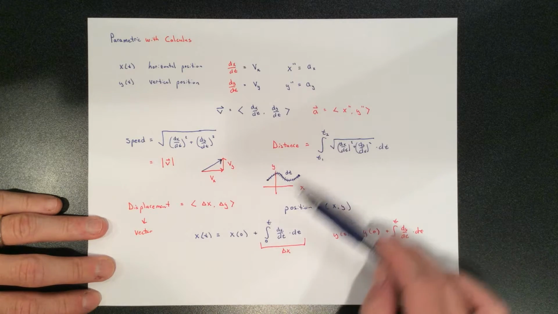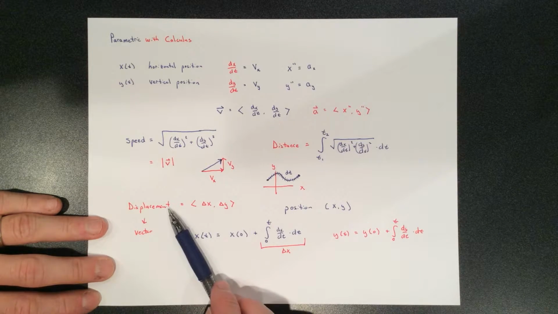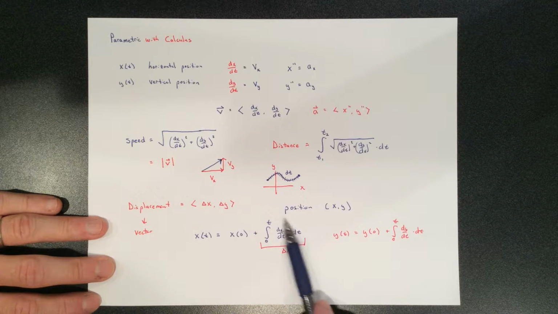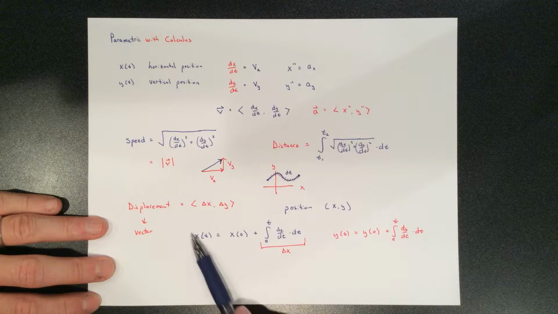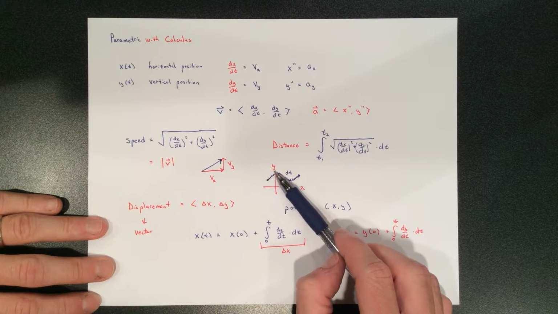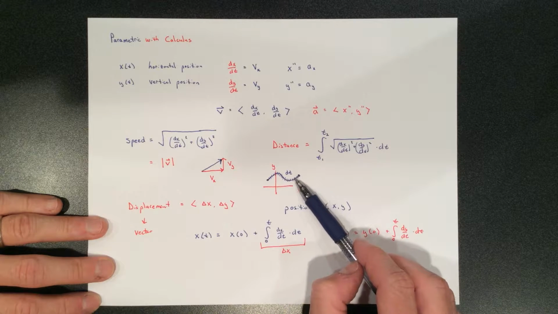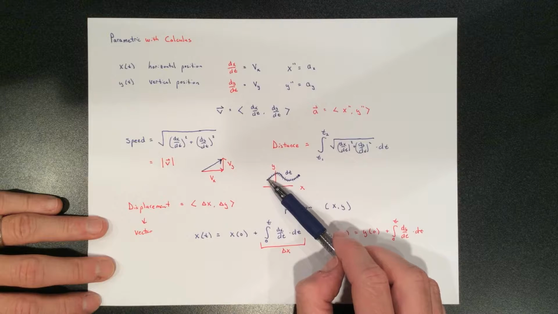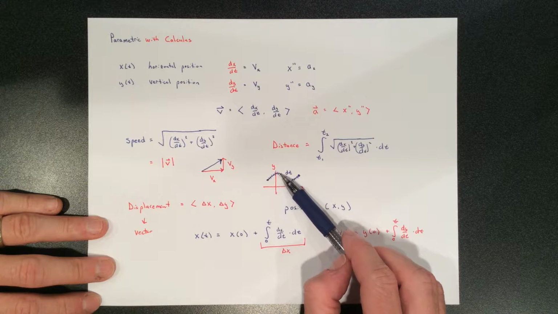Again, these are related, right? The displacement is completely component form, meaning just the part. Horizontal displacement gives you some idea how to figure out a horizontal position. Distance is thinking about both of them at the same time. It's literally the total path length. It's the arc length of the curve. It's if you started here and you ran along this hiking path, how many meters did you travel?